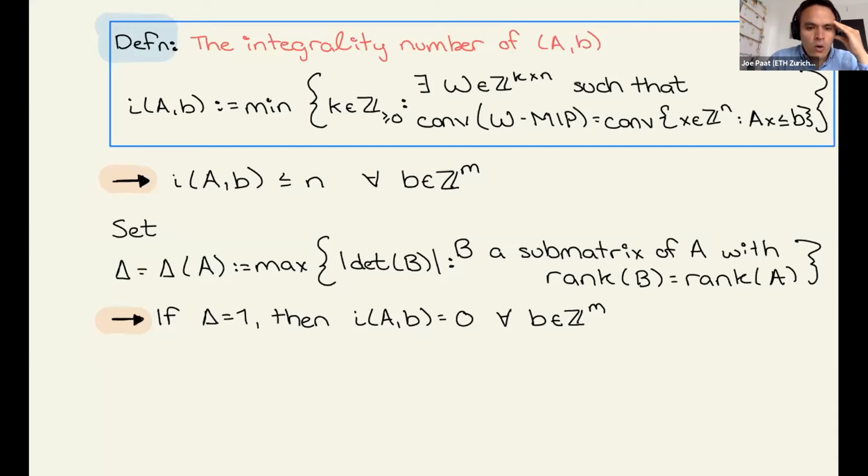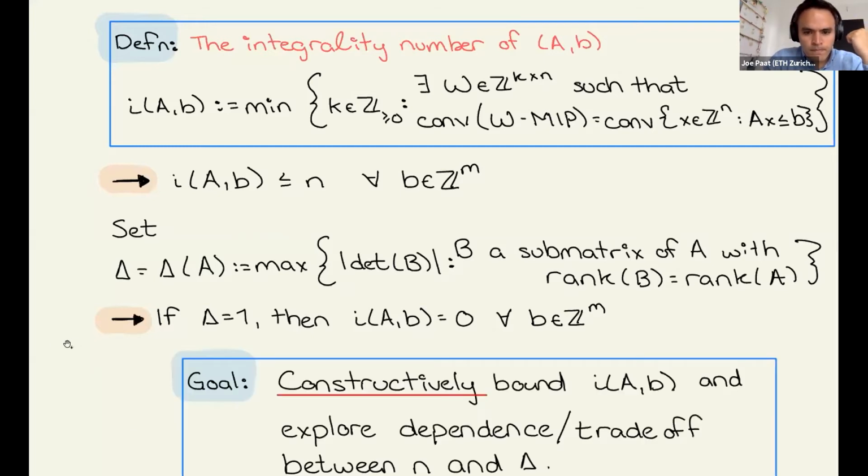And so our goal is to bound the integrality number, and in doing so, explore the trade-off between these parameters n and delta. Many of you have explored this parameter delta to some extent, but in recent years it's been a topic of interest in IP theory, how this delta affects our ability to solve integer programs.